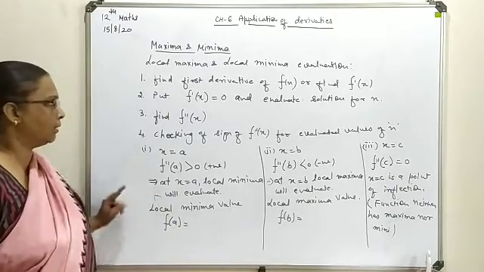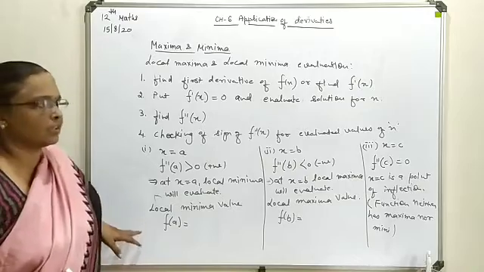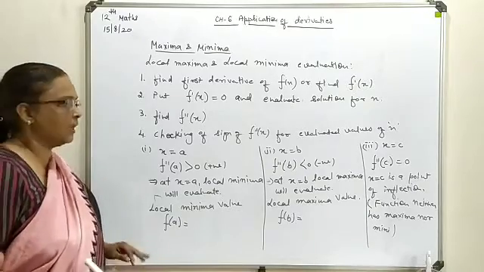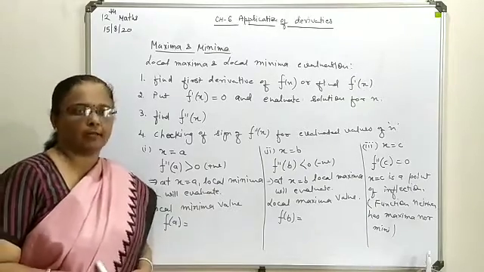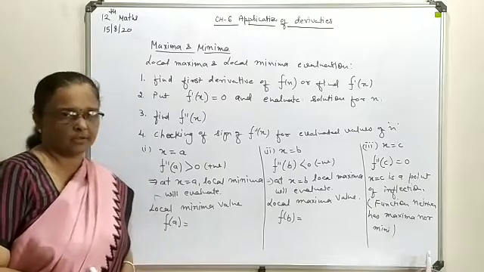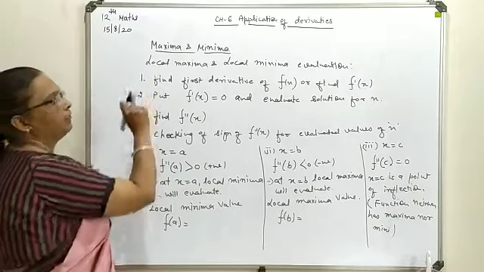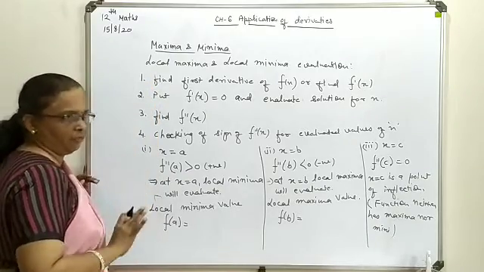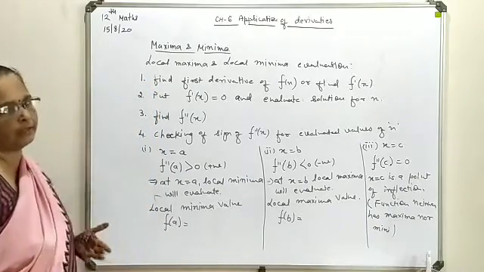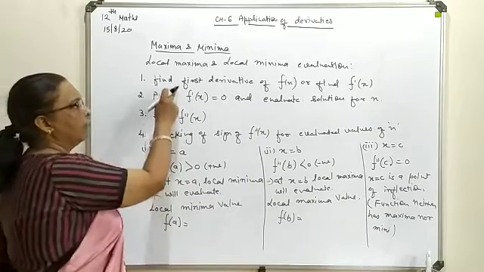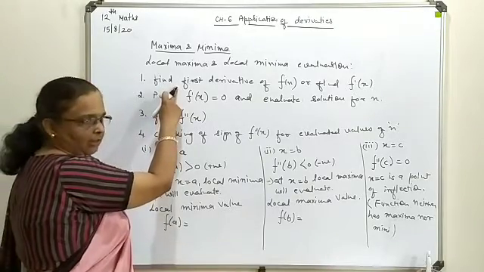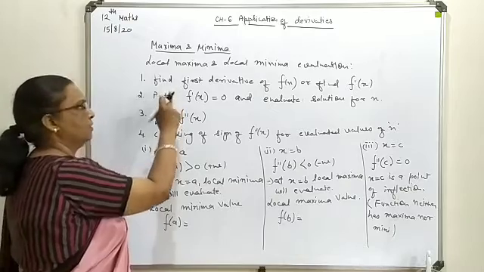I will just repeat all these steps, and then we will attempt some questions on that basis. So let's start with the first step. First of all, identify your function, which type of function you have. That will be clear from the question. First step, find the derivative of the given function as f dash x.